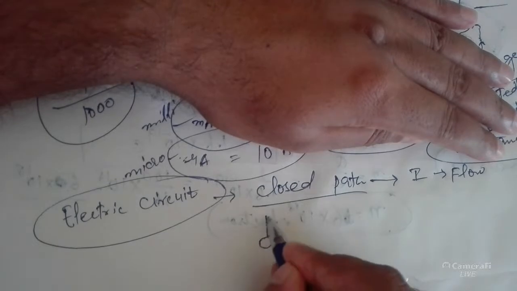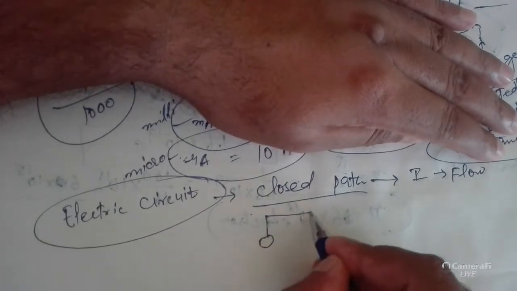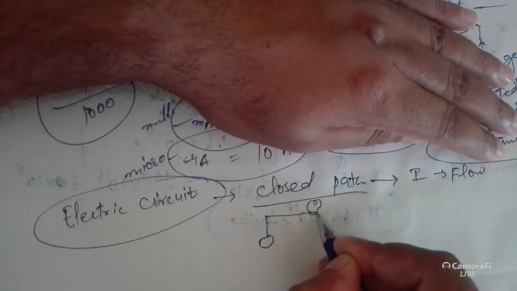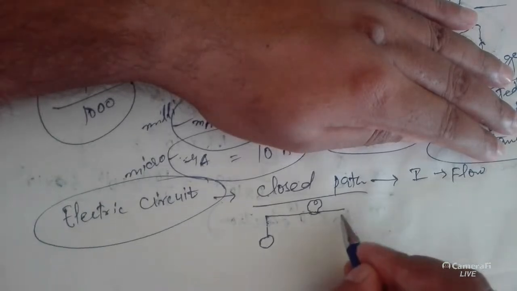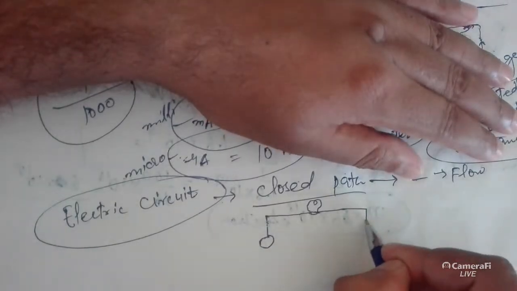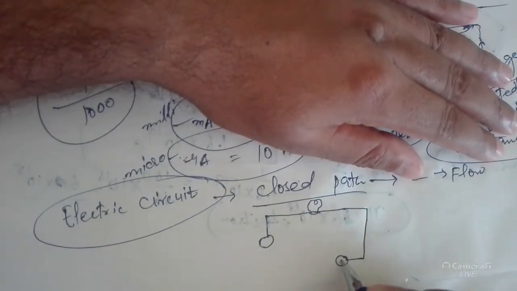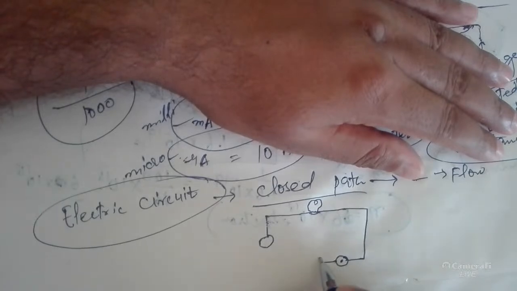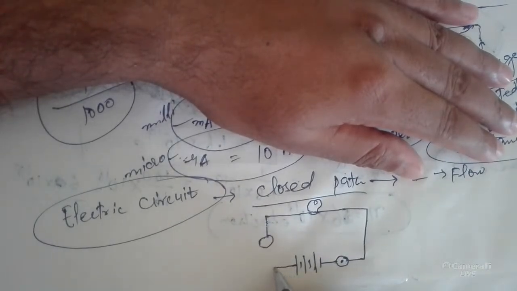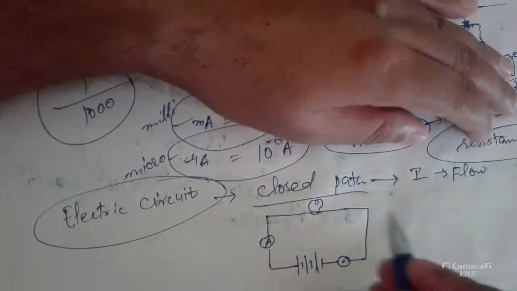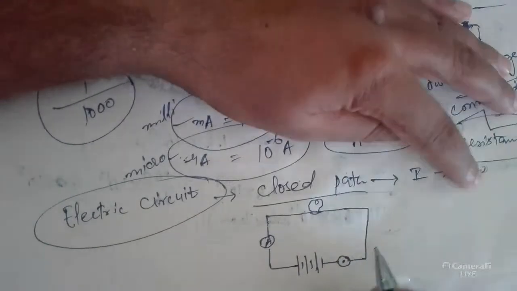For example, this is the device, let it be the bulb. Okay, this is our bulb here. We want the current to pass through this bulb. Then there will be a structure called key here. Okay, now here you can see that it is our complete circuit.